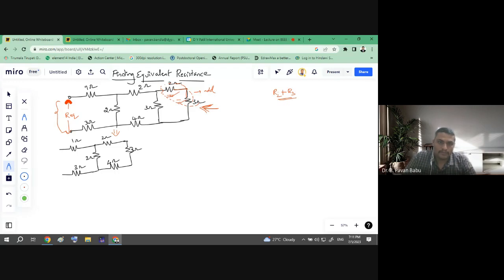Once these two resistors are added, what is the equivalent? R1 plus R2, so it becomes 5 ohms. The resultant is 5 ohms here. It is connected between these two nodes. I hope you can follow this. Between these two nodes, we have found the equivalent resistance.